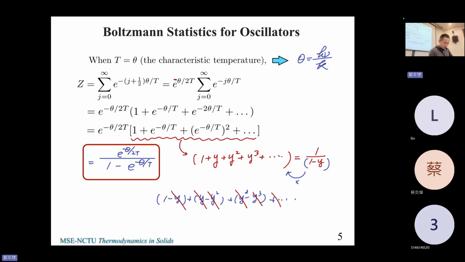Because if you multiply this by y and move it to the left-hand side, you find that everything cancels and becomes 1. It simplifies this form into 1 over 1 minus y. So this is quite useful.